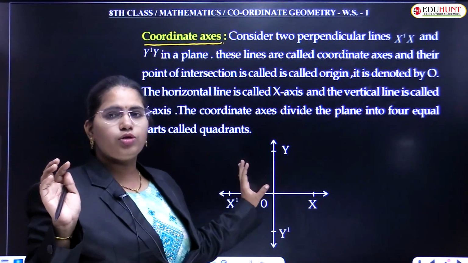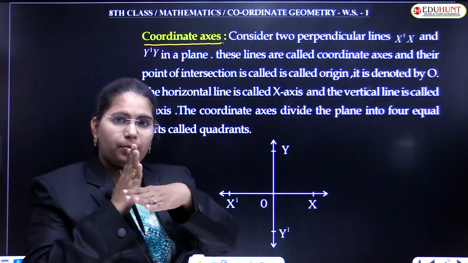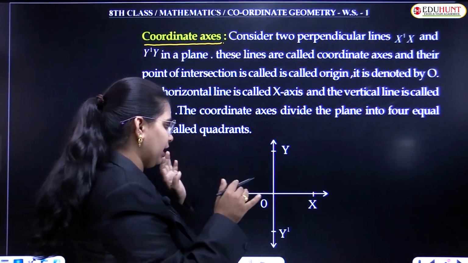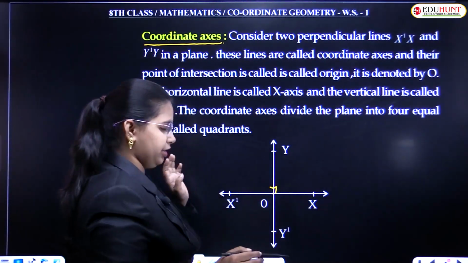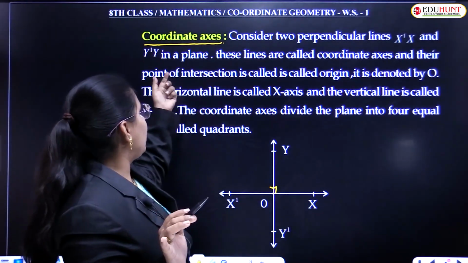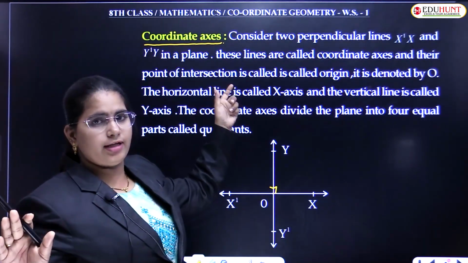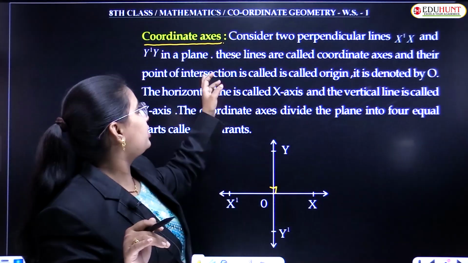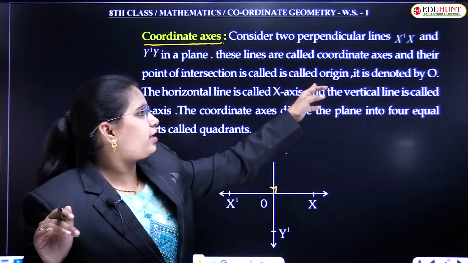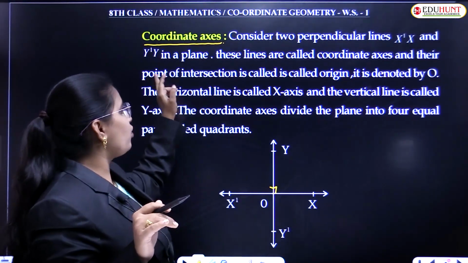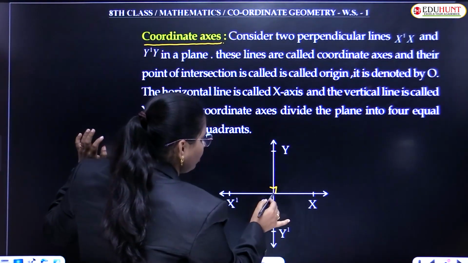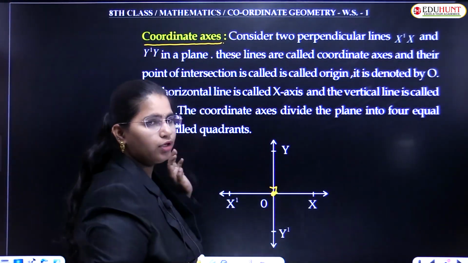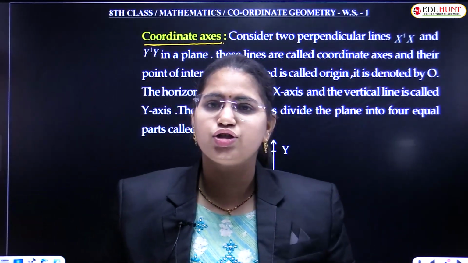I am just considering two perpendicular lines, means the angle should be equal to 90 degree. Okay. So after considering two perpendicular lines in a plane, these lines are called coordinate axis and their point of intersection is called origin.